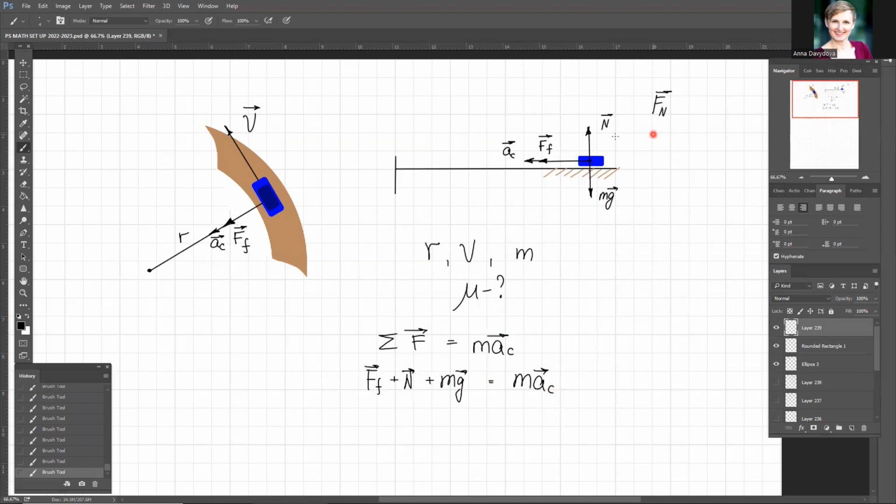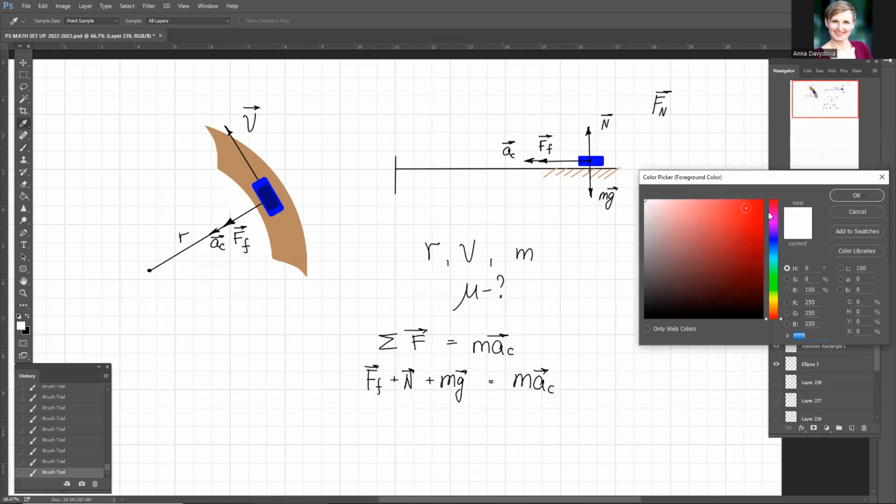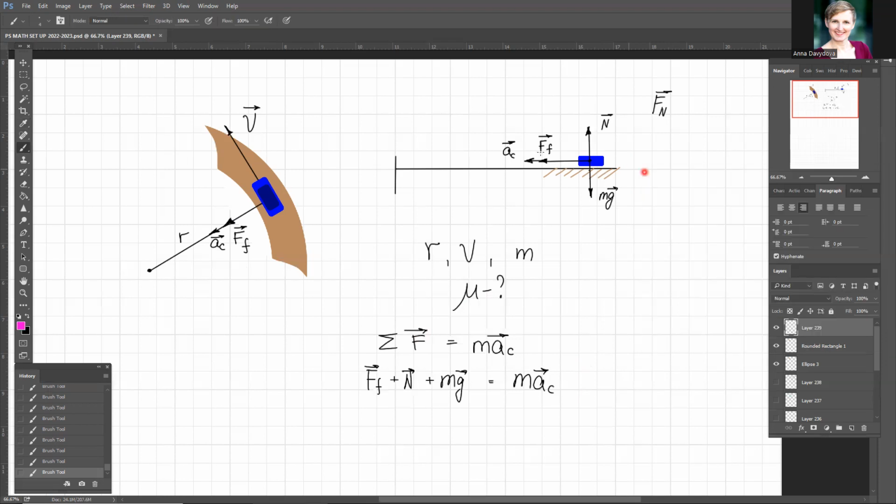And then what I usually do, I introduce the system of coordinates, x and y, and resolve the vector equation into its components. What's important to know is that for all these questions, x should be pointing the same way as centripetal acceleration. Y can be perpendicular, pointing up, but where x is pointing is very, very important.